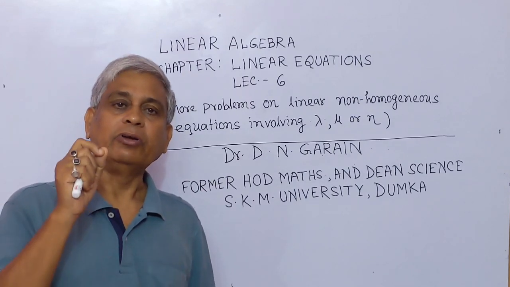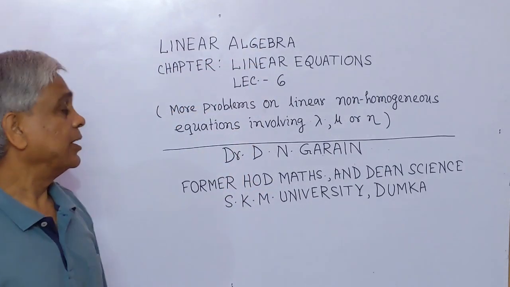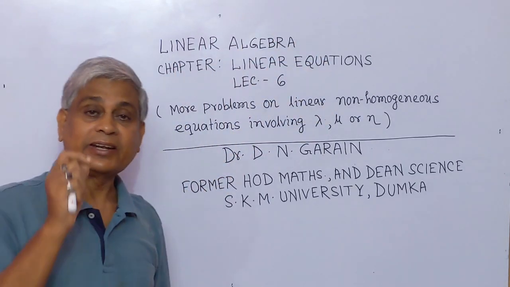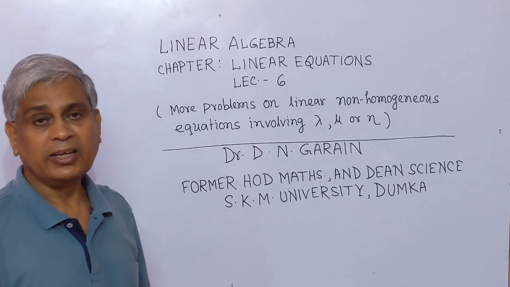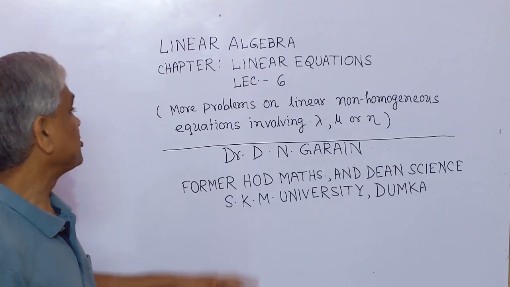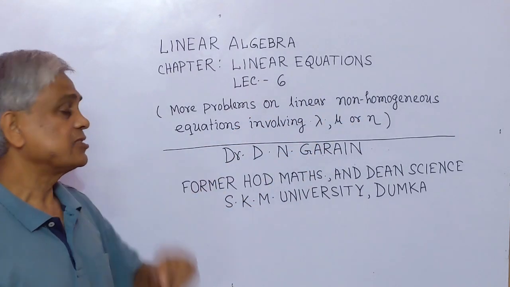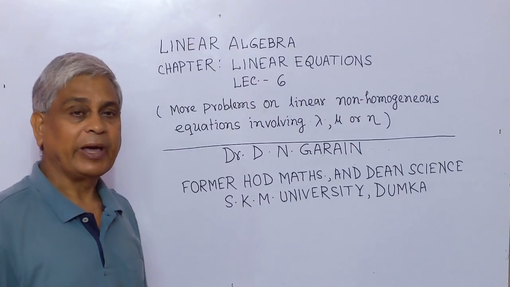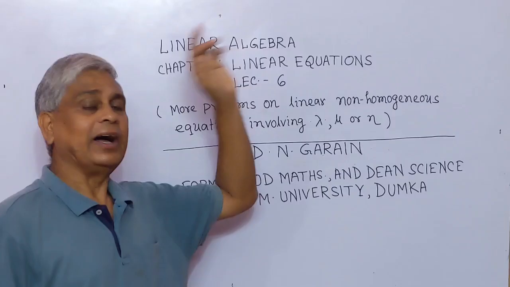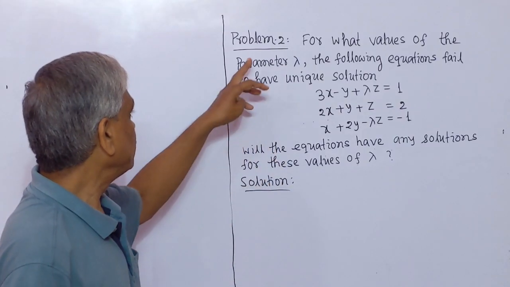Today, I will deliver a lecture on linear algebra, chapter linear equations, lecture number 6, in which I will solve some more problems on linear non-homogeneous equations involving parameters lambda, mu or eta. Now we solve problem number 2.